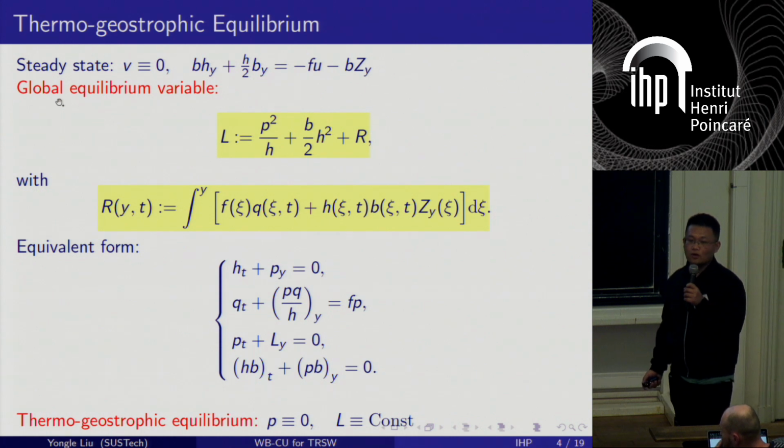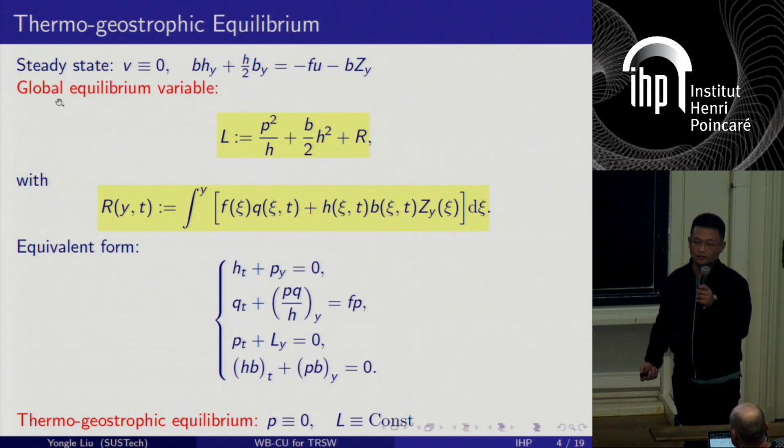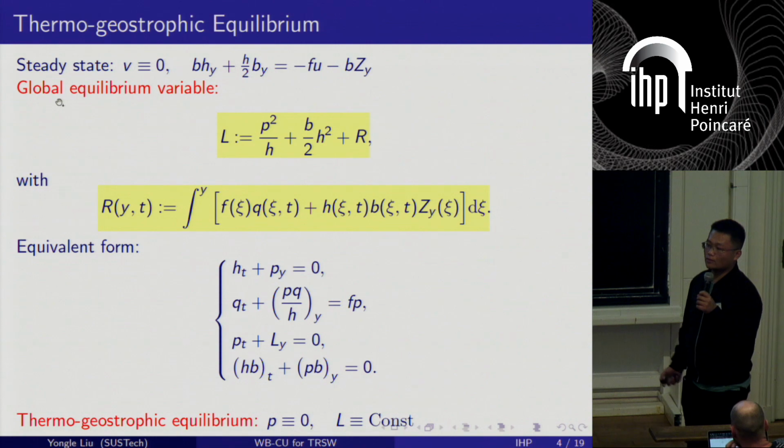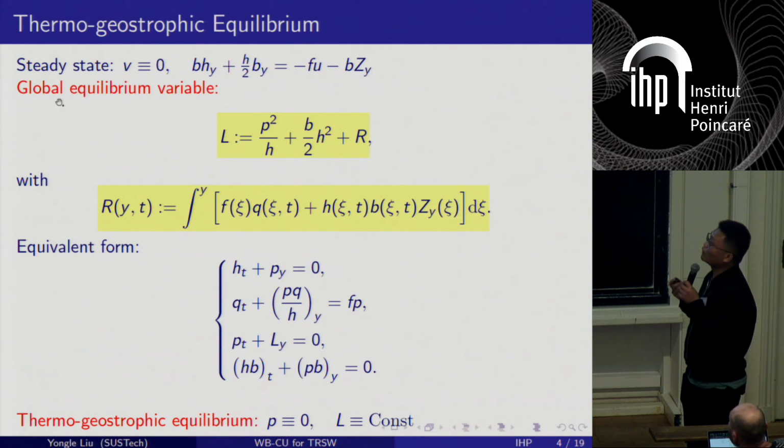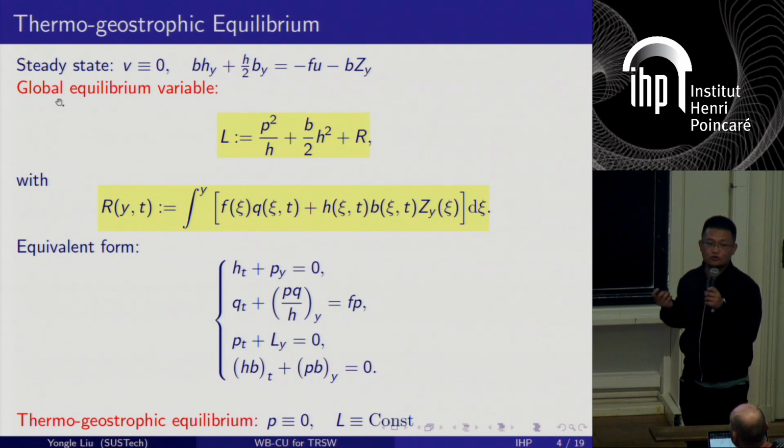Many numerical methods have been developed to preserve these steady-state solutions at the discretized level, and we also want to develop such numerical schemes. To this end, we first introduce a global equilibrium variable L, given by this equation. Here, R is the space integration of the right-hand side in the third equation.